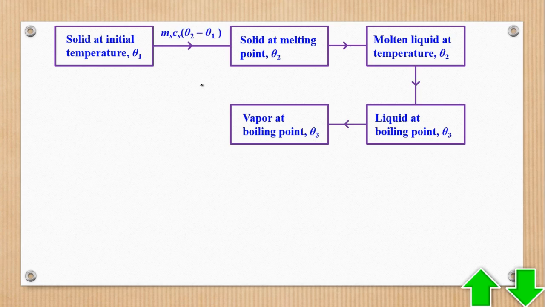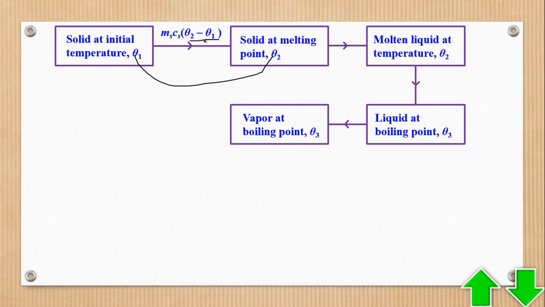Okay, so how do you do the calculations? Each time there is a change in temperature, that means there is specific heat capacity. Therefore, it is mc times change in temperature. But when there is no change in temperature, there is latent heat, specific latent heat. From here to here, change in temperature is θ2 minus θ1.